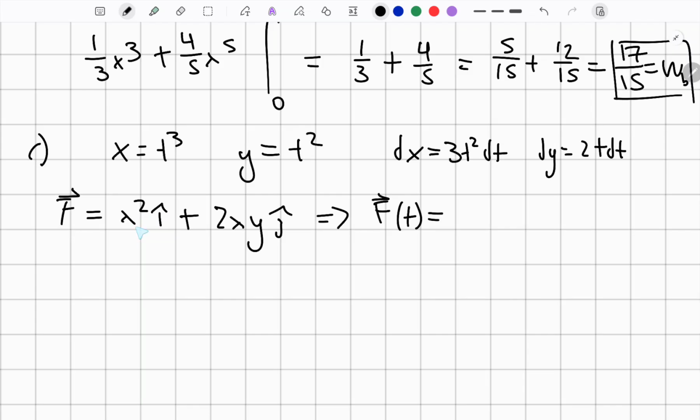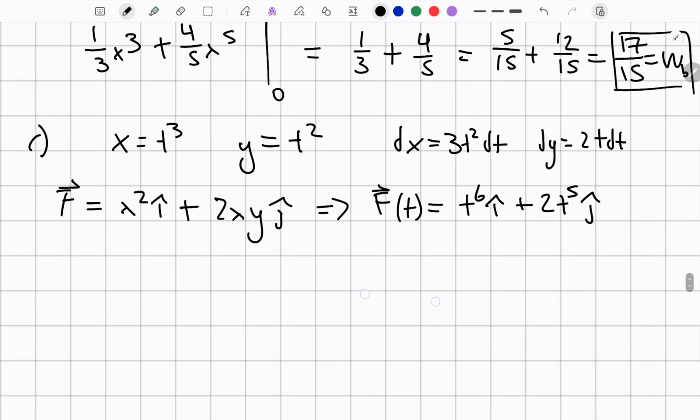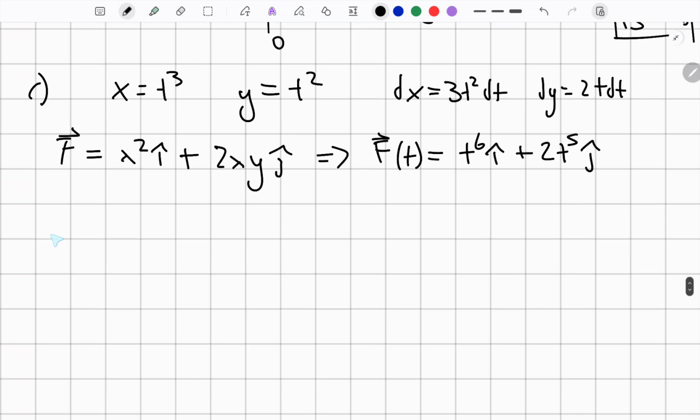So everywhere we see an x, we're going to plug in a t cubed. So that's going to be t cubed squared, so t to the sixth i, plus 2 times t to the third times t squared, so 2 times t to the fifth j.